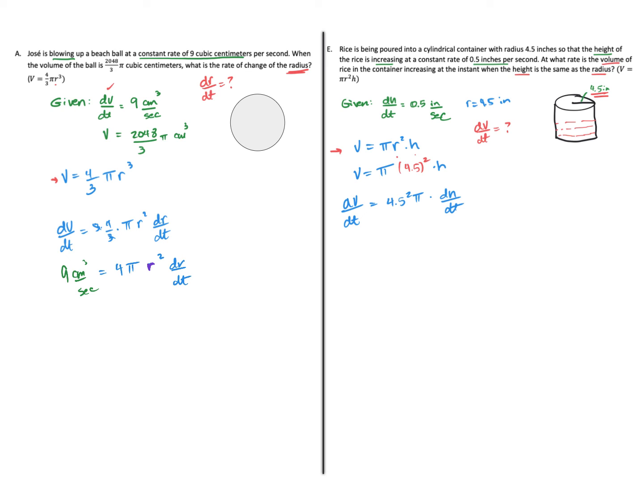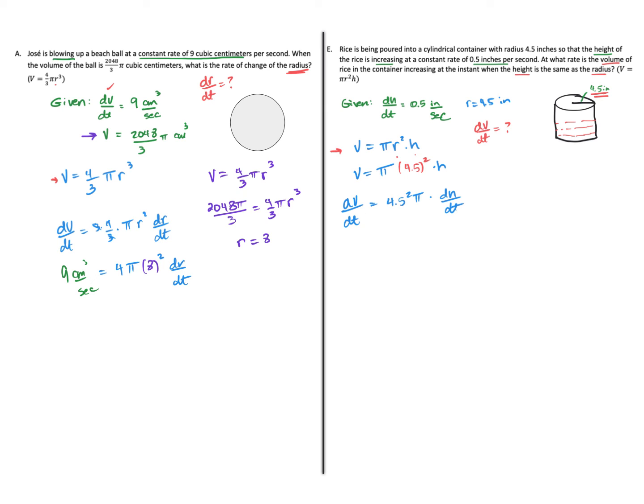But I can do that because earlier I was also given the volume. Since the volume equals 4/3 pi r cubed, I just plug in the volume. 2048 pi over 3 equals 4/3 pi r cubed, and I solve for r. When I do that, I get r equals 8. So I'm going to replace this r right here with 8.